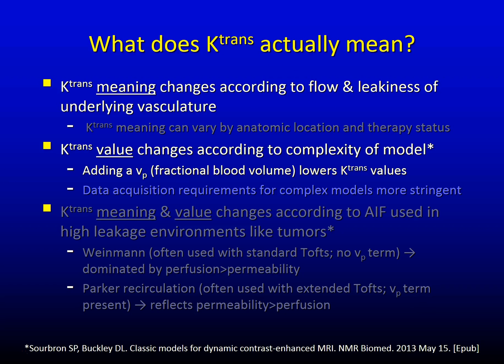Not only that, but the value of Ktrans changes according to the complexity of the model. So if you were to add a vascular component to the model, that automatically lowers Ktrans values.